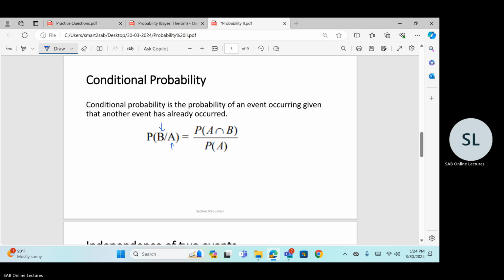In here, the first event is A, so the probability of A. Understood? Okay.